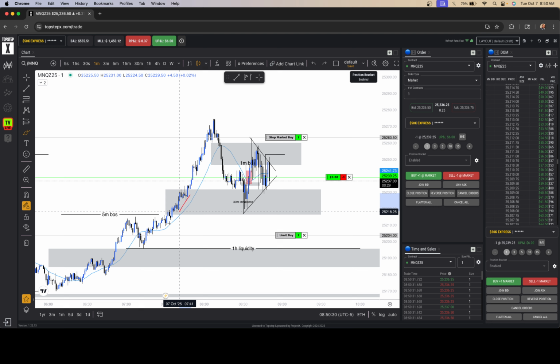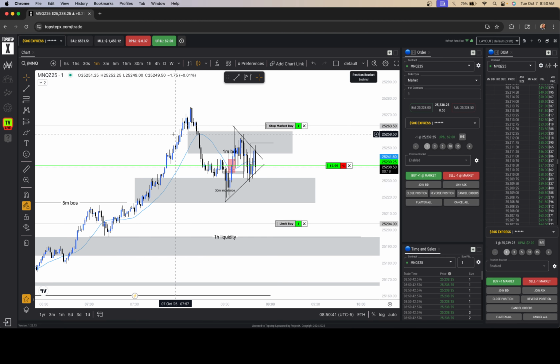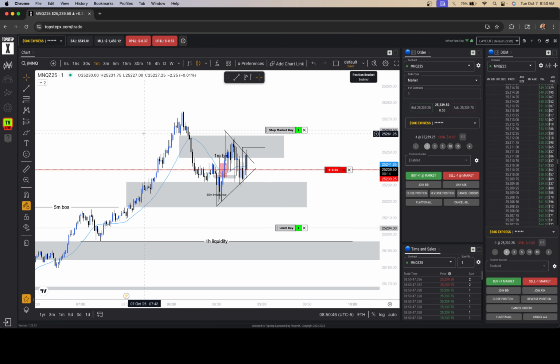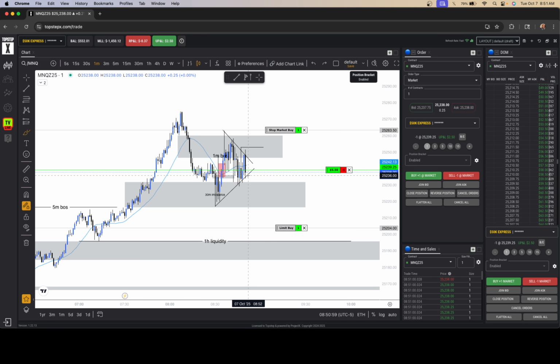But we also have kind of all of these stacked lows over here that I would love to see price just take out. We really need to see a close below this trend line. Once we get a decent close below, my confidence will go up a lot more in this setup.